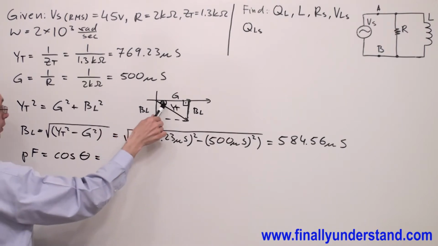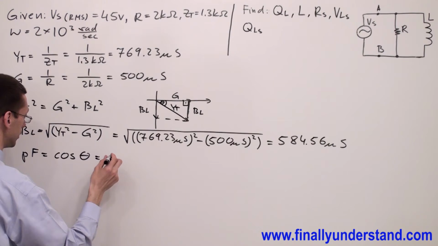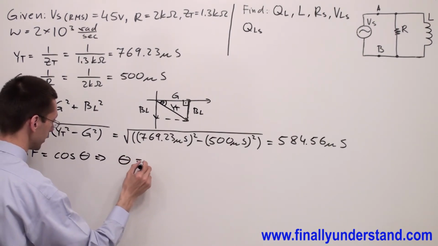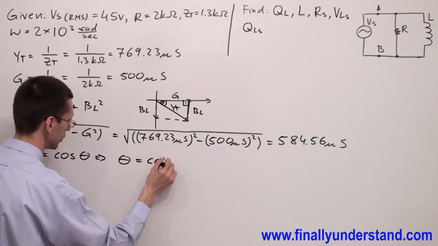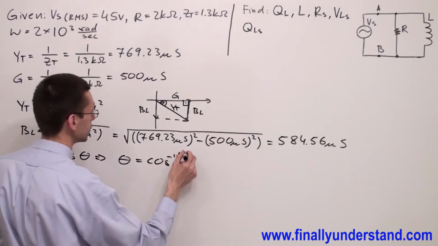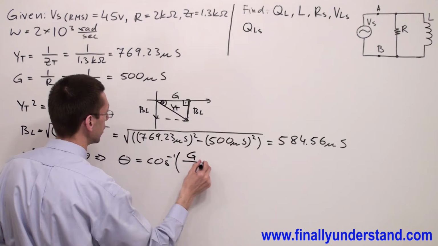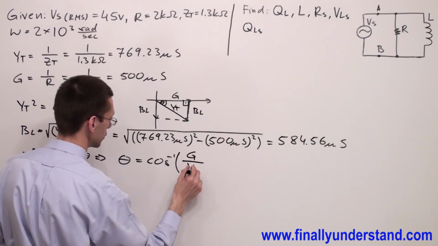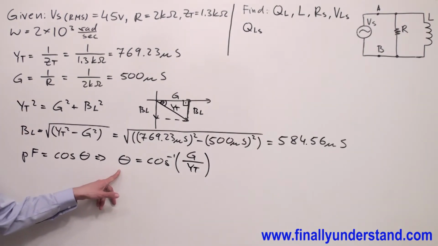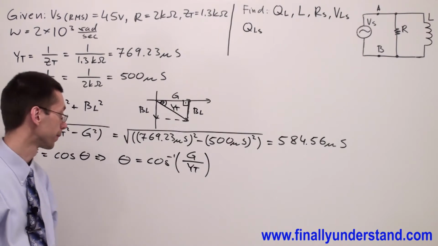Where theta is my angle over here, can be found by simply finding the inverse cosine, right? And this is nothing else, just what? G, the adjacent over hypotenuse, YT. Okay, so theta is equal inverse cosine of G over YT.